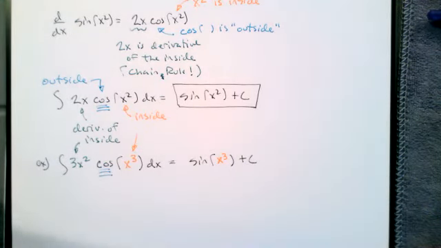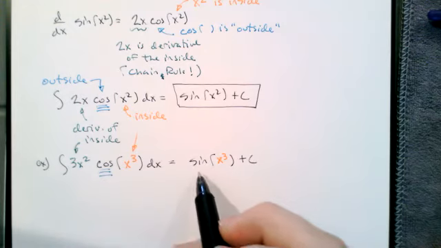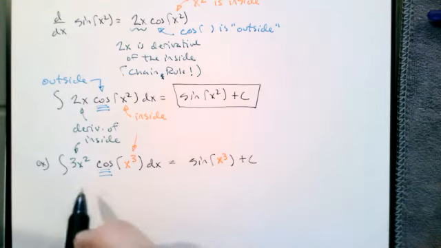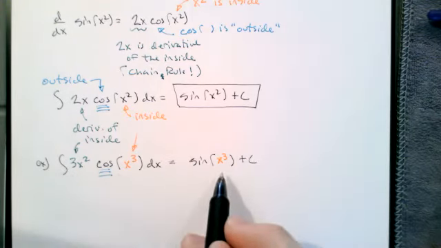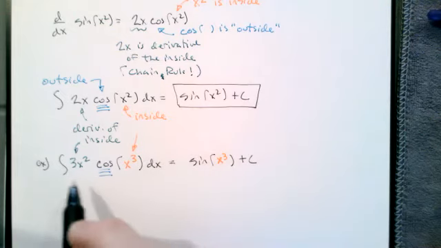Now, the nice thing about these problems is we're claiming that the antiderivative of 3x squared cosine of x cubed dx is sine of x cubed. So if we take the derivative of sine of x cubed, we should end up back where we started.